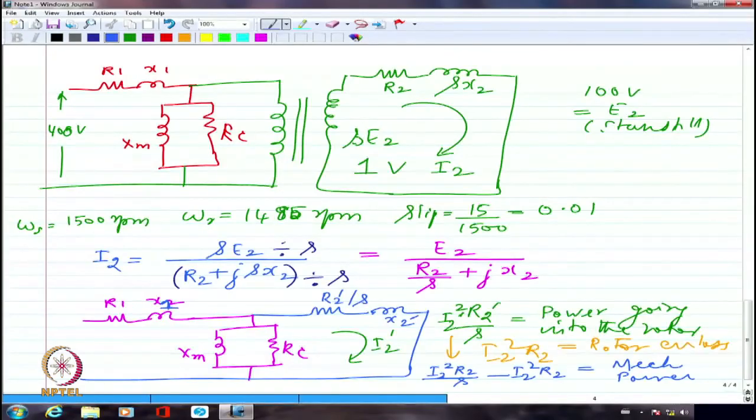That extra power is what goes towards mechanical power conversion. From electrical power, it is getting converted into mechanical power, which is enabling the motor to rotate.